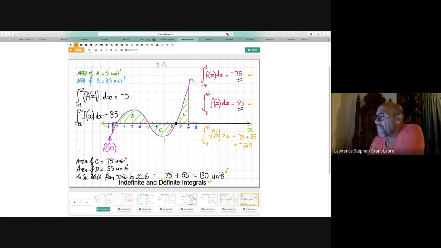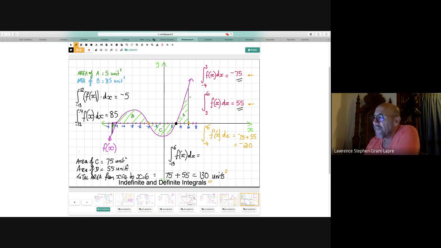Let's do one more. As a final question, what do you think the integral from -13 to +6 of our function will be? This is not asking for area. This is asking for the definite integral between x is -13 and x is +6. If it was area, we'd have to add, but it's definite integral.